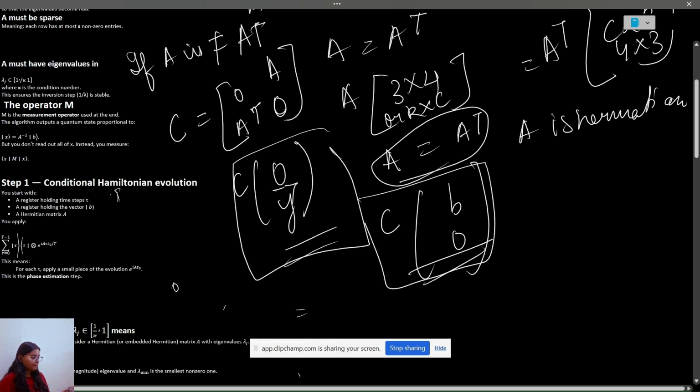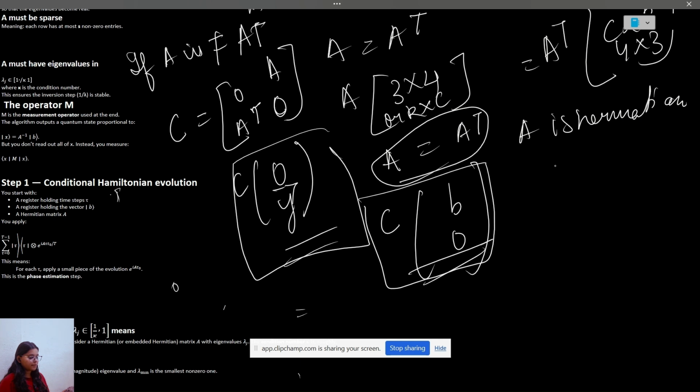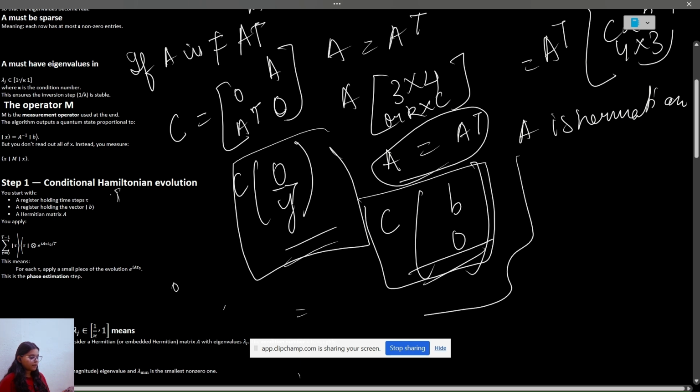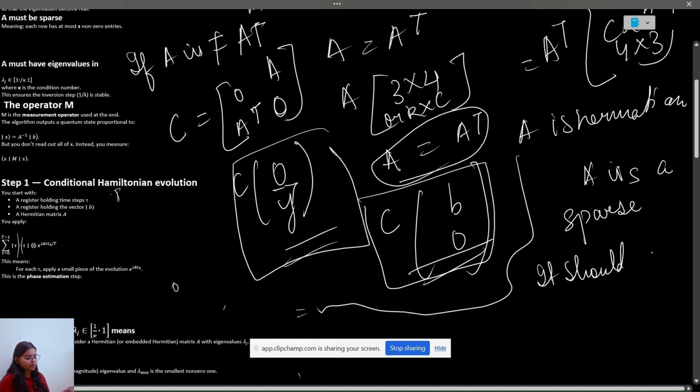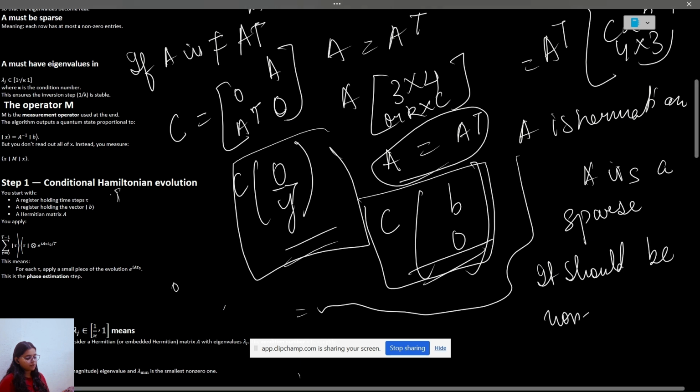Once done, we can move on to another rule, which is that A must be sparse. The meaning of sparse is that it should have a small number of nonzero entries, so most entries are zeros. For example, suppose the entries are 4, 3, 0, 9, 3.